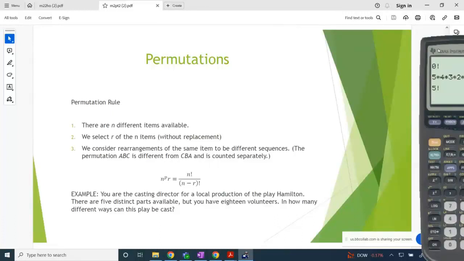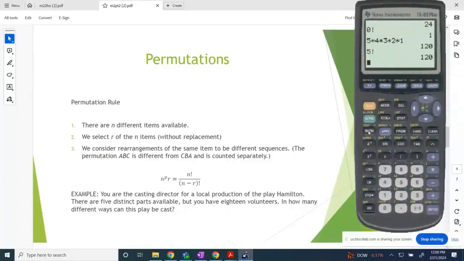Here is the formula for a permutation. If I pull up the calculator, this is formula number 2, nPr. This formula, n factorial divided by the quantity n minus r factorial, we never actually use to calculate it. We will simply use the function in the calculator.